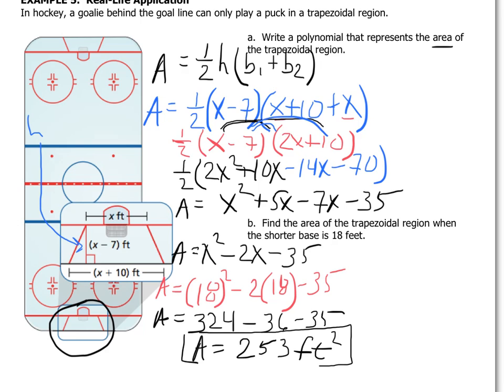So basically, multiplying polynomials is very, very similar to the distributive property that we've always done. You just have to remember that each term has to be multiplied by all the terms in the other polynomial. If you're using two binomials being multiplied together, certainly the FOIL method is a nice way to remember how to do that.